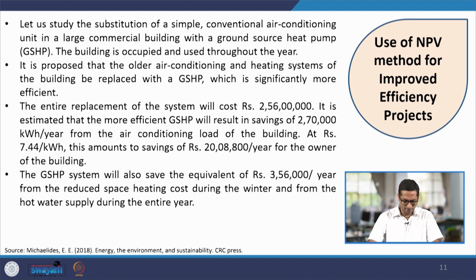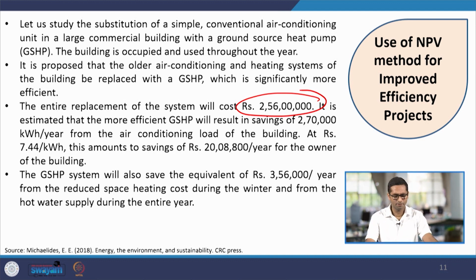That would entail that we would have to put in extra capex of around 2.56 crore rupees. And it is also estimated that because this kind of process is much more efficient, it would help in saving around 2,70,000 units of electricity in a year for the cooling requirement specifically.